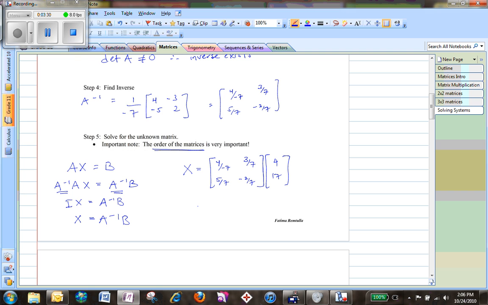If I do the multiplying that I need to do, I'm going to come out with a 2 by 1 matrix. That 2 by 1 matrix is going to be 5 and negative 2. I can say this as well, XY is equal to 5, negative 2, or I can say X is equal to 5 and Y is equal to negative 2. I can say it that way as well.